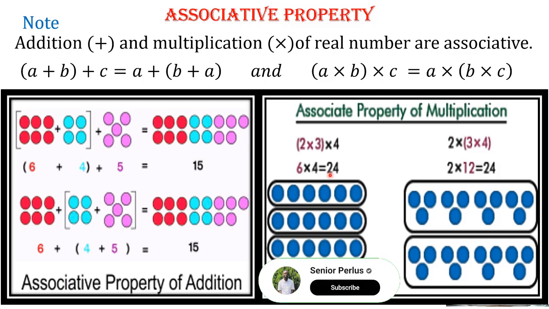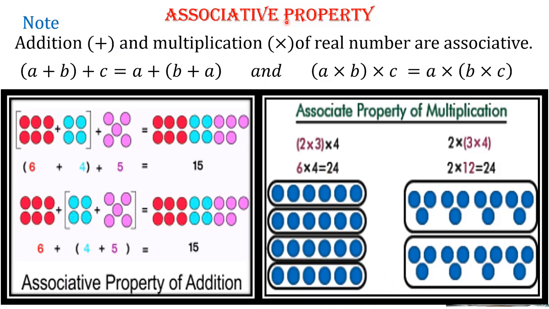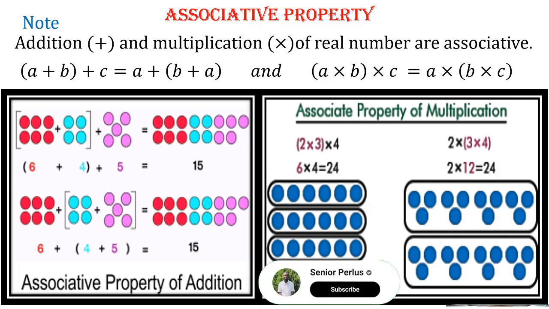Like we did with addition, this is the associative property here. Then 2 times (3 times 4). So 3 times 4 here, you will get 12, then multiply by the 2. We still get 24. So we can conclude that multiplication is also associative.